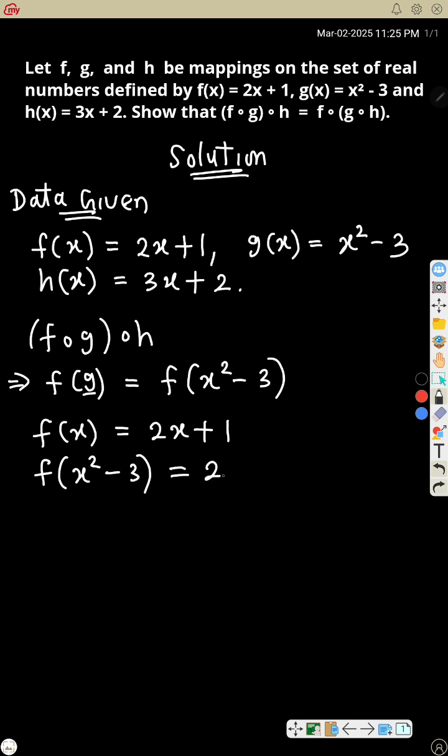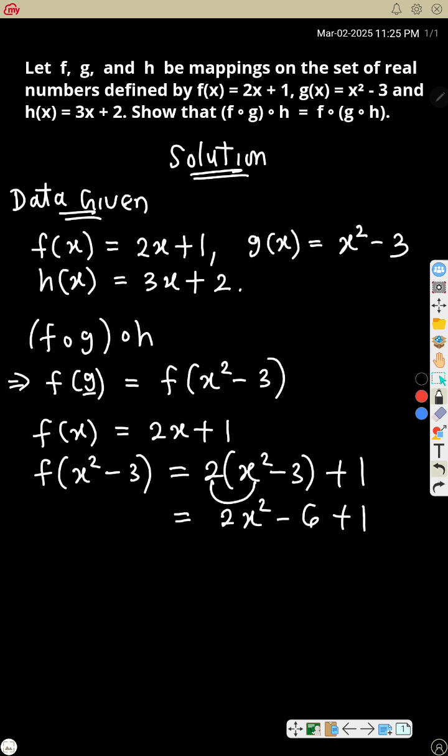So this will be 2 brackets x squared minus 3 plus 1. Instead of writing that x, I'll write x squared minus 3, because in f of x squared minus 3, it means x is equal to x squared minus 3. So f of x squared minus 3 is equal to 2x squared minus 6 plus 1.